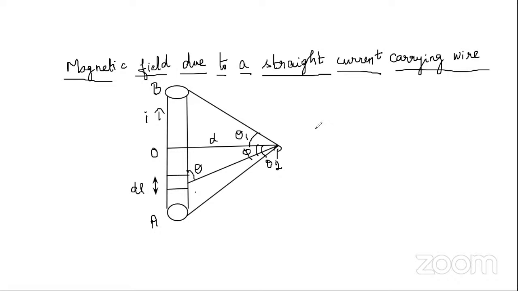B equal to mu naught by 4 pi into I, integral A to B dl sin theta divided by r square.